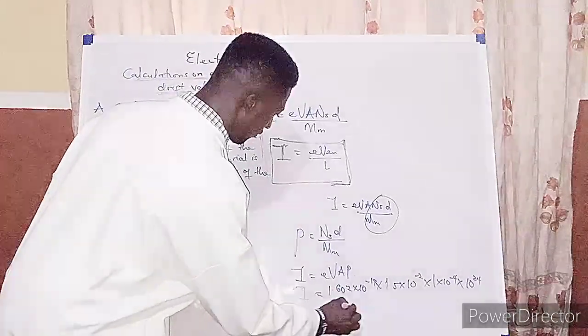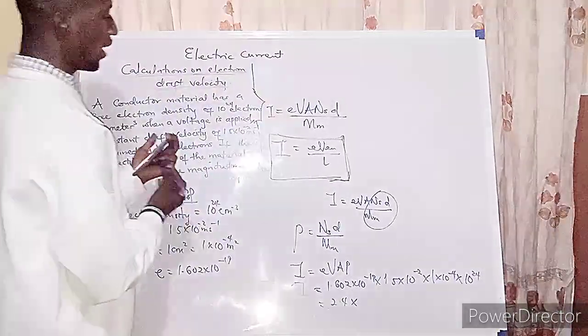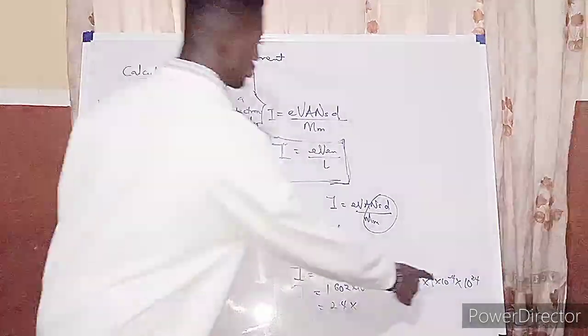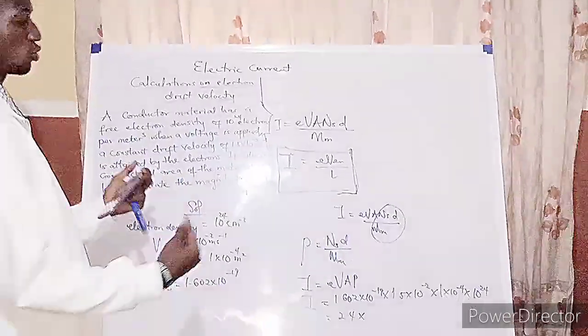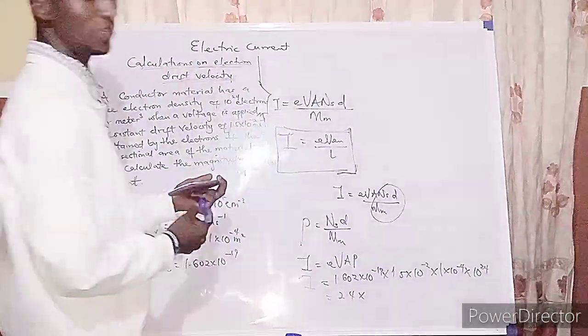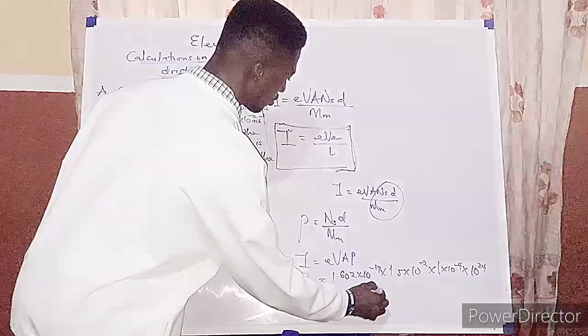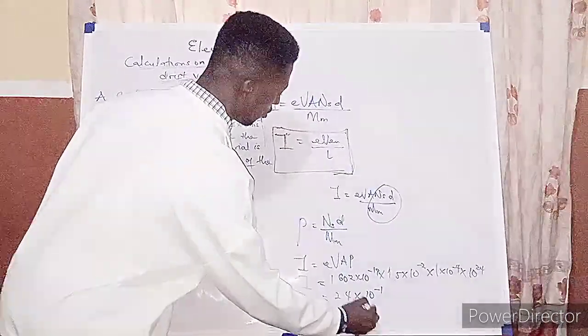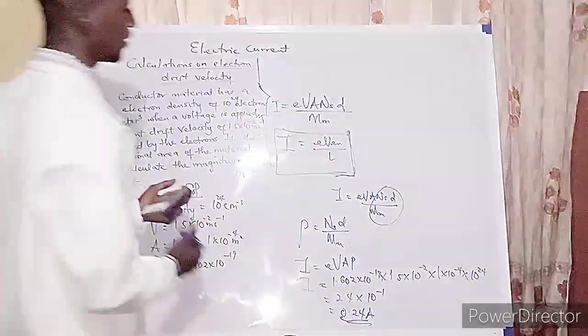That is 2.4 times 10 to the power, let's see what we have. Minus 19 minus 2 gives us minus 21. Minus 21 minus 4 will give us minus 25. Minus 25 plus 24 will give us times 10 to the power minus 1. And that is exactly 0.24 ampere. This is our answer.